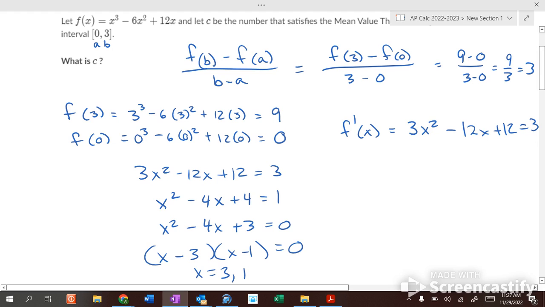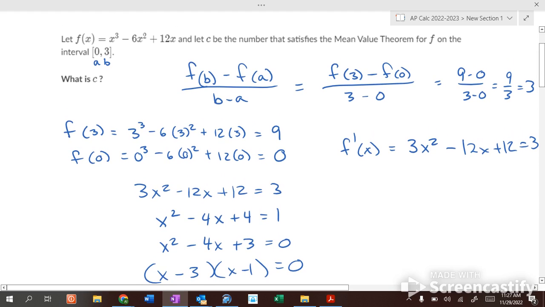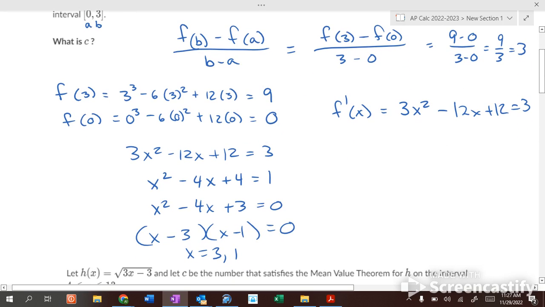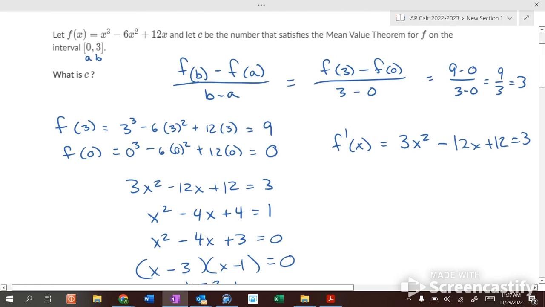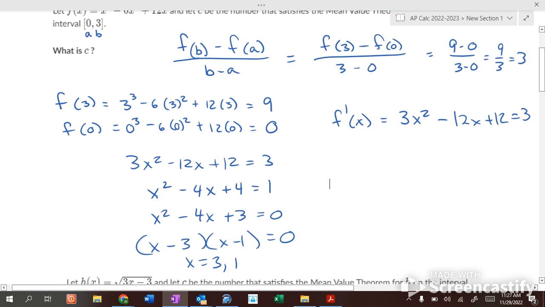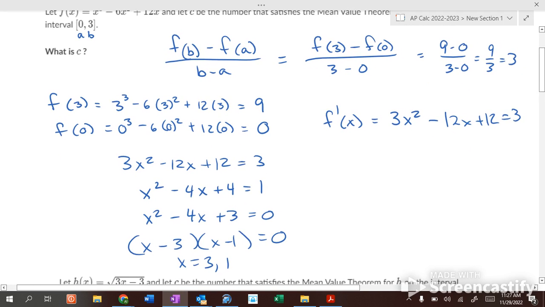So if we look at 3, 3 is at the edge of the interval, and 1 is in the middle of the interval. So it would be assumed that 1 would be the mean value of that function.